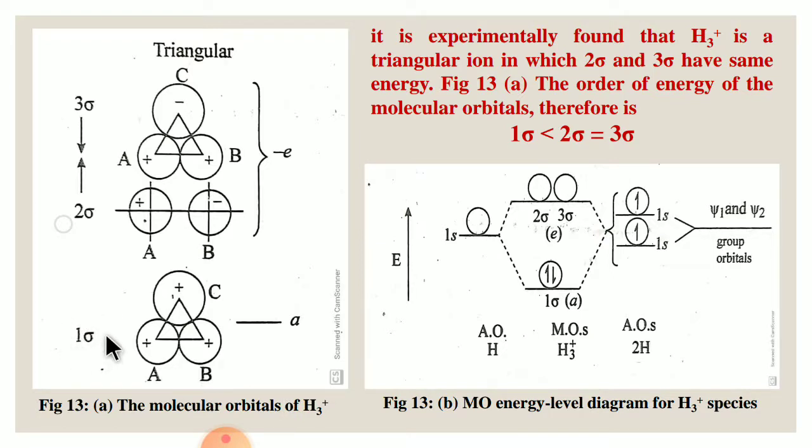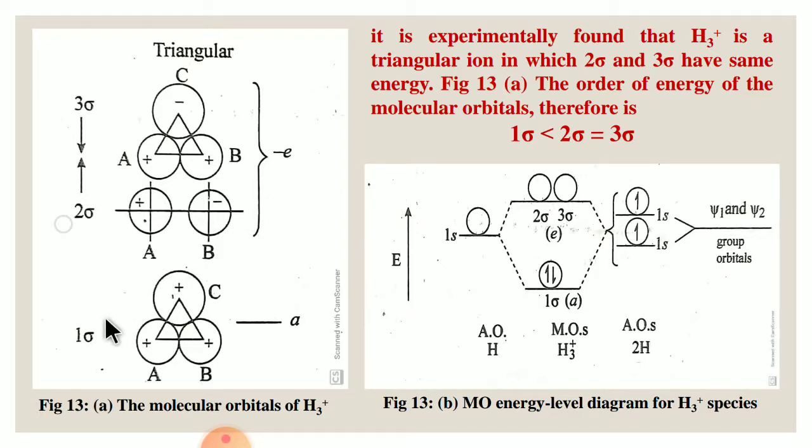In figure 13a, the molecular orbitals of H3 plus, the order of energy is that 1 sigma has the lowest energy, which forms a bonding molecular orbital represented as A, that means a non-degenerate orbital. 2 sigma and 3 sigma are antibonding molecular orbitals formed by the H3 plus ion, and they are collectively known as E, that means doubly degenerate orbitals.